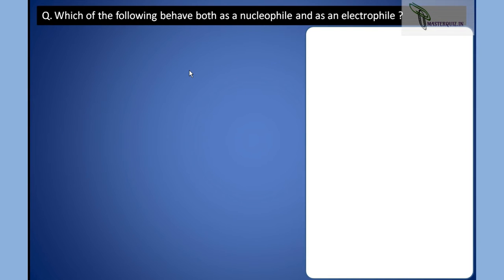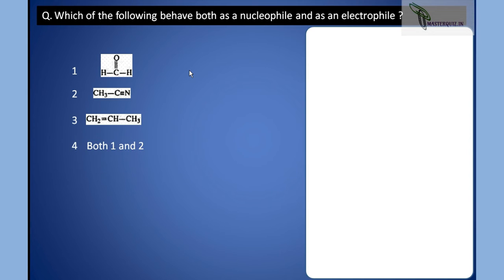And the third question is, which of the following can act both as a nucleophile and as an electrophile? The options are CH2O, that means it is an aldehyde, and CH3 triple bond CH, and CH2 CH3, and both 1 and 2. So which shows nucleophilic and electrophilic nature?